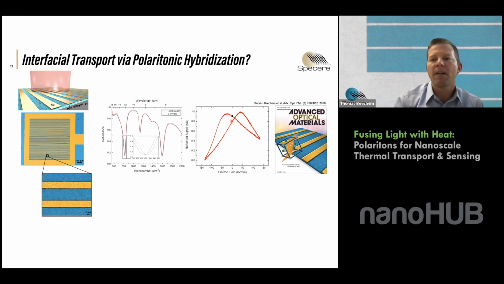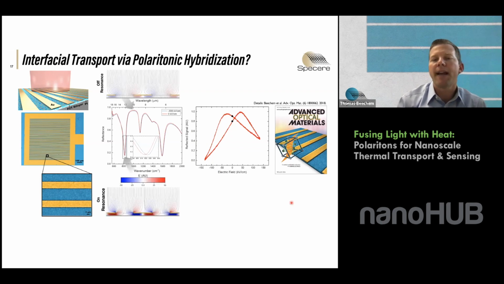But for the purpose of our discussion, why I'm excited about it is because while this looks like a grating, it didn't actually operate like a diffractive grating, but more like a metal insulator metal waveguide. And so when we look at the field profiles within this material, when we're off of resonance, nothing is really happening because we're off of resonance.